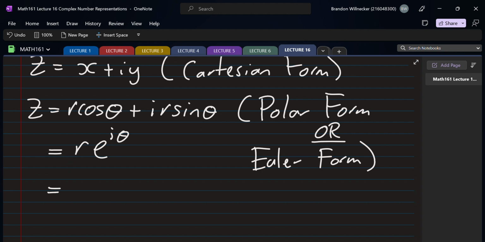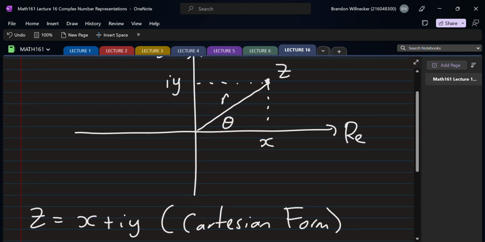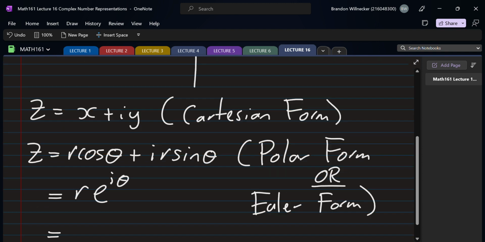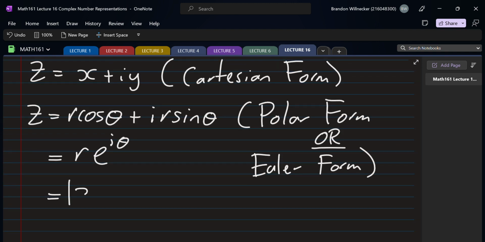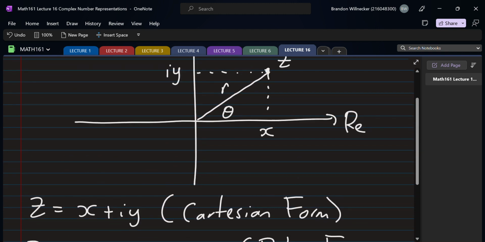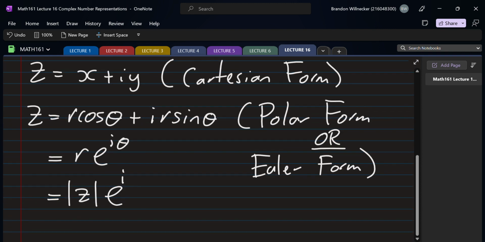Okay, and then this r, we can write it in a slightly different notation. r is the distance from the complex number to the origin, and in the previous lecture we said that this distance we call the norm or the modulus of z, and we wrote it as absolute value z. So we can replace that for r, and e to the i, and instead of writing theta, this angle we sometimes call the argument of z.